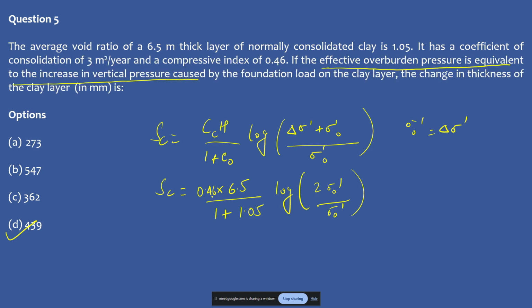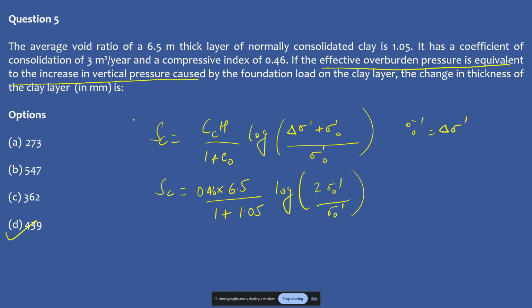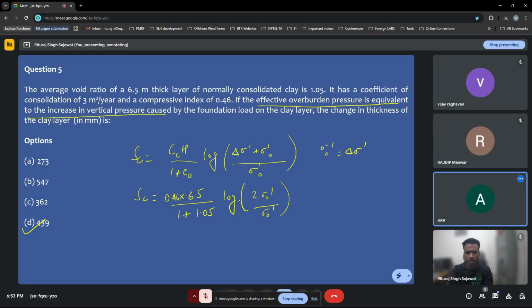Sorry, my bad. Hello. Yeah, is it right? Sorry. Hello, am I audible now? Yeah, now it's audible. Yeah, sorry, the compressive index is 0.46.